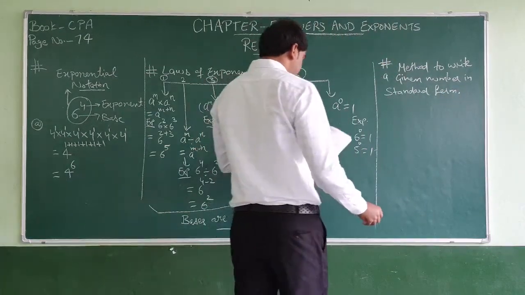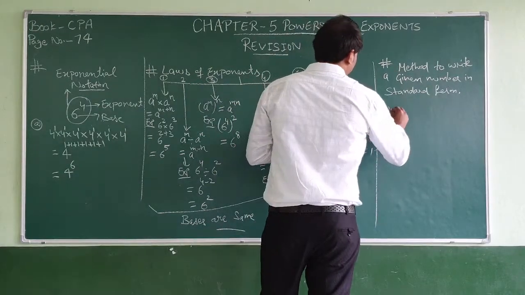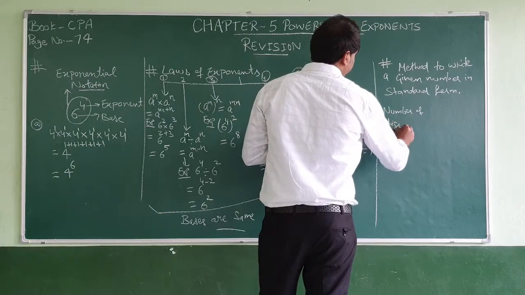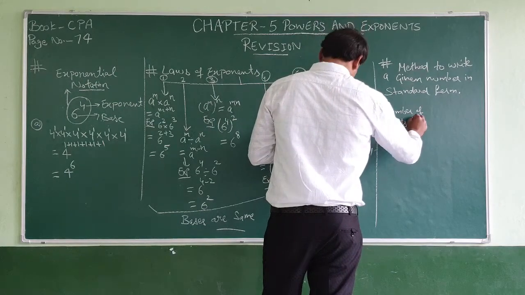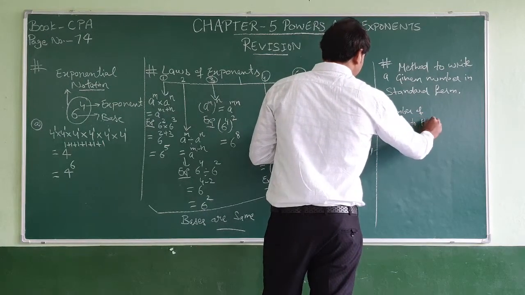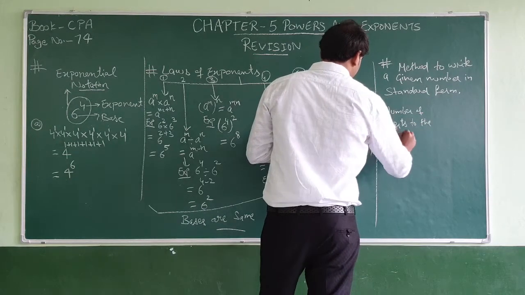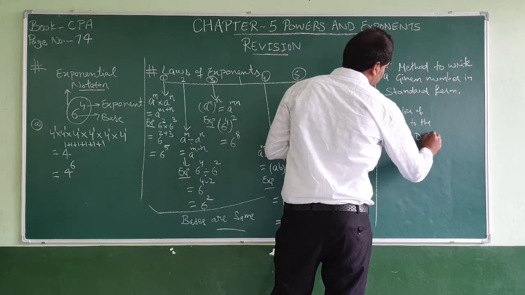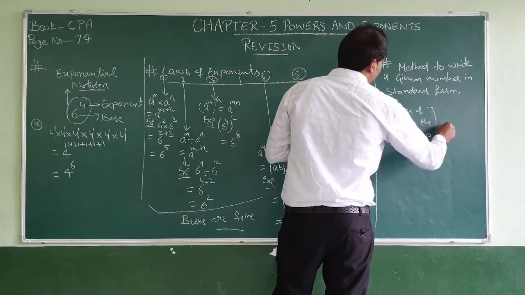Count the number of digits to the left of the decimal point, minus 1.